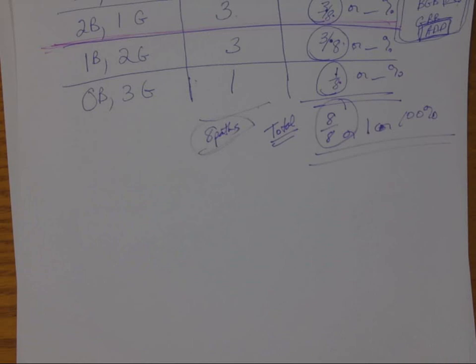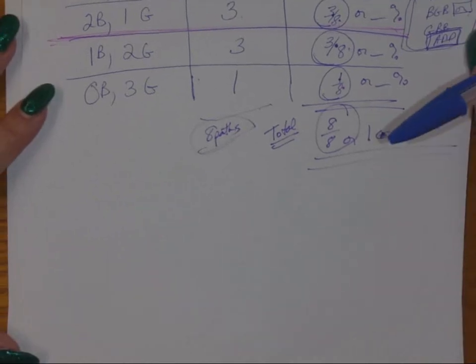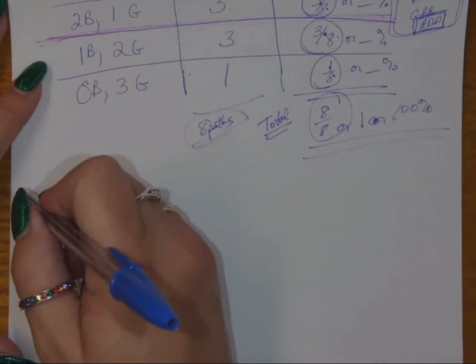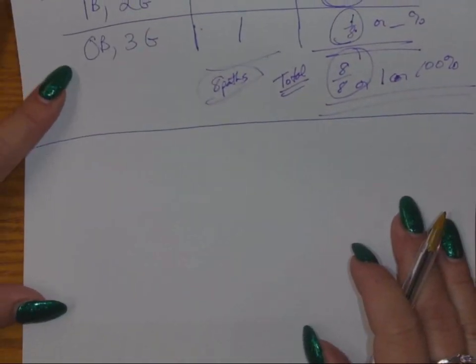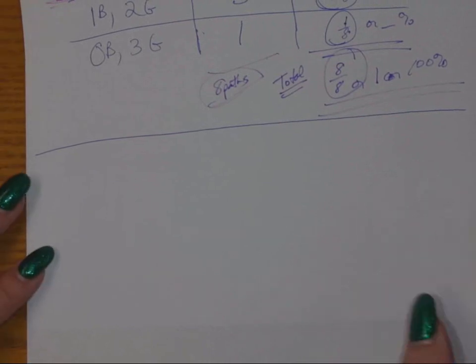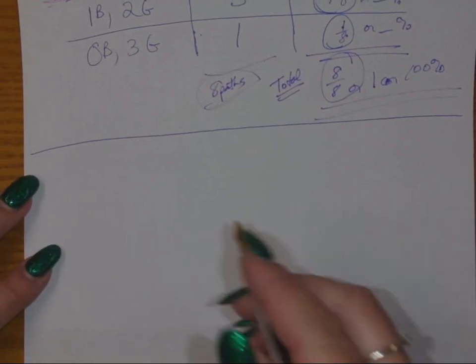We've talked about how my roll of a blue die doesn't depend on the roll of my red die and so on and so forth. Let's talk about a deck of cards. We're going to do an interesting little situation here.